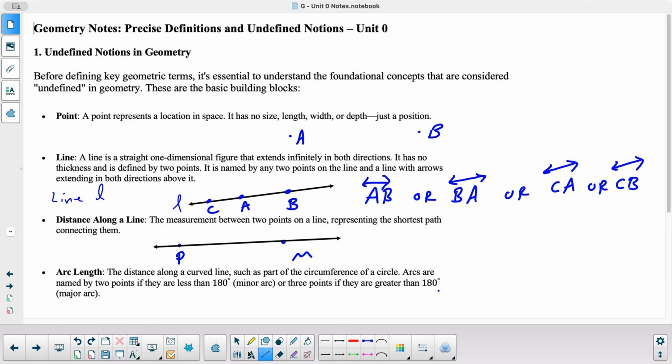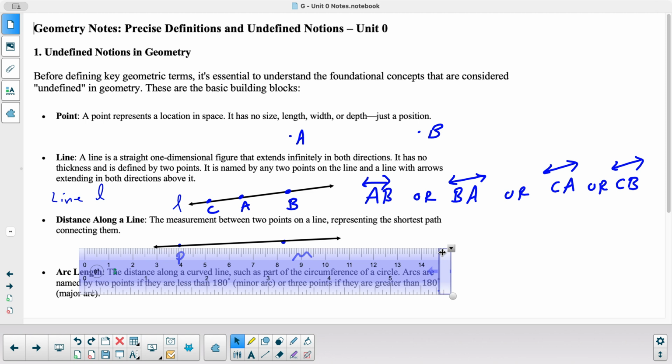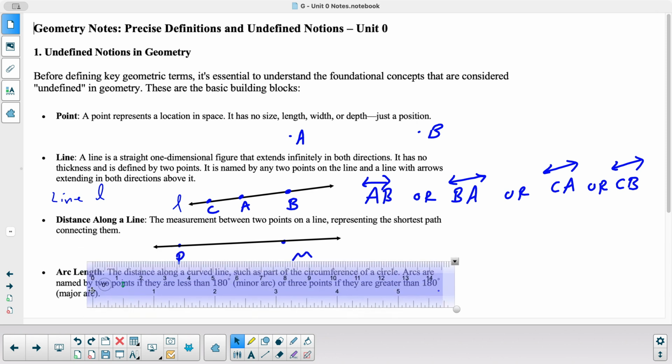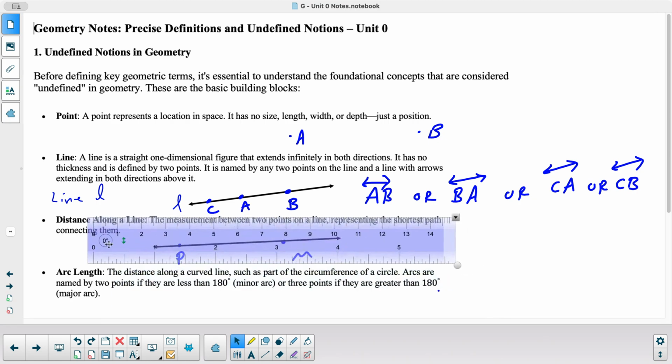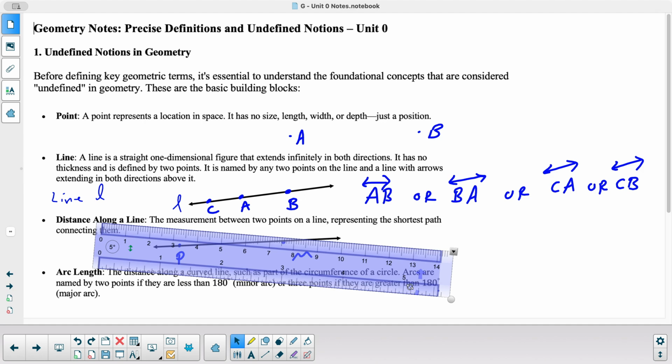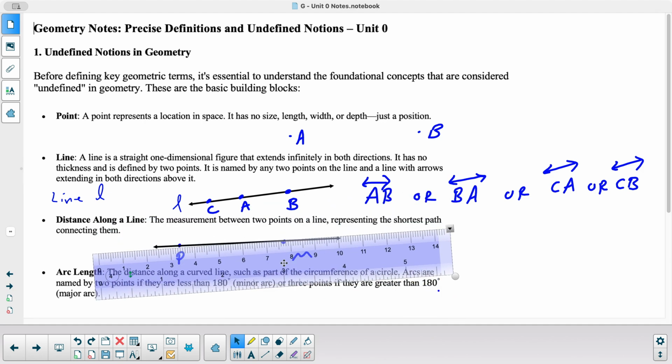So think of it like you take your ruler and you line it up right there on the line and measure it, okay?